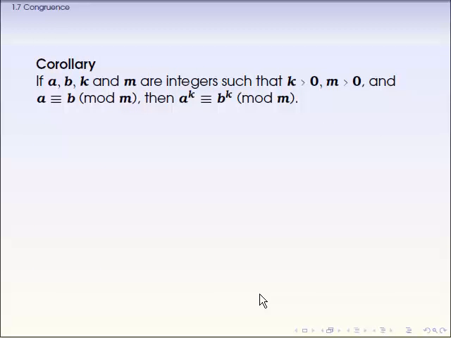The corollary of that is going to be like this. a, b, k, m are integers, and k and m are positive. Then if a is congruent to b modulo m, then a to the k is congruent to b to the k modulo m. So if you multiply a k times, it is congruent to b multiplied k times.